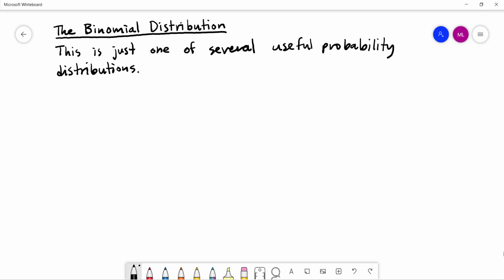The binomial distribution shows up basically whenever a simple probability experiment gets repeated multiple times.